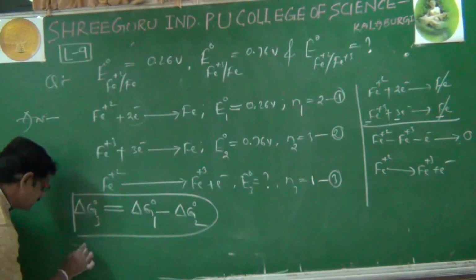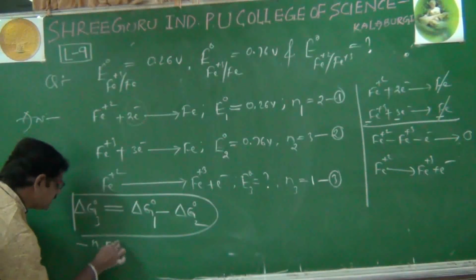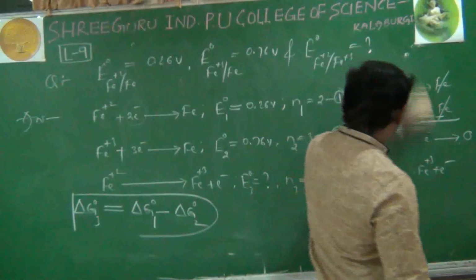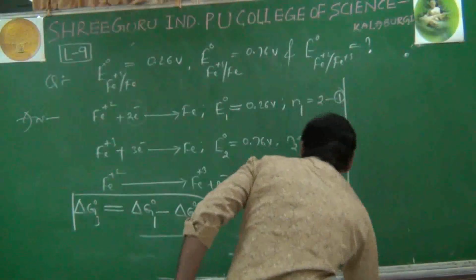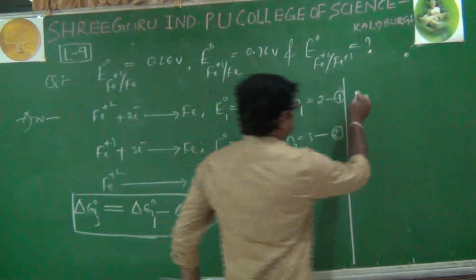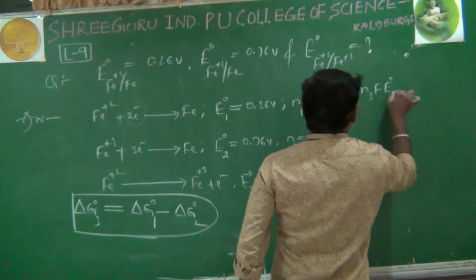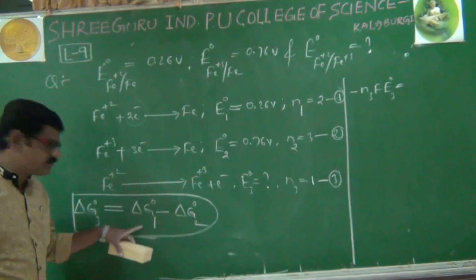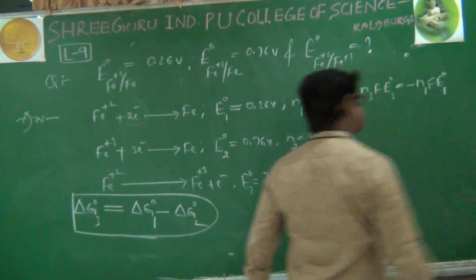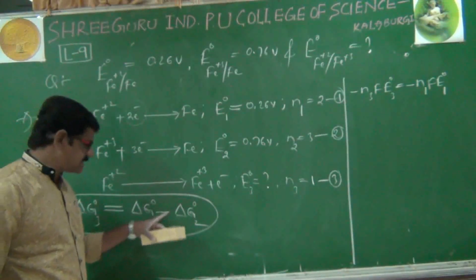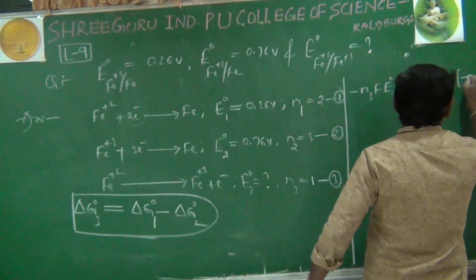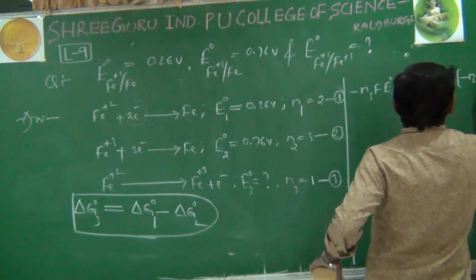So delta G naught 3 is minus N3 F E naught 3, and this equals delta G naught 1, which is minus N1 F E naught 1, minus delta G naught 2, in brackets, which is also minus N2 F E naught 2.